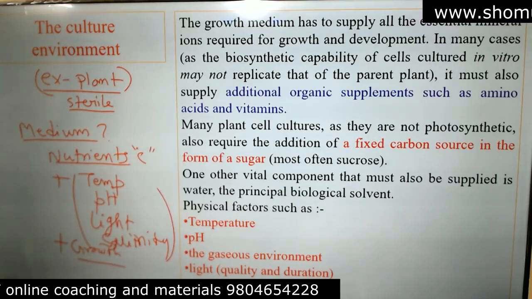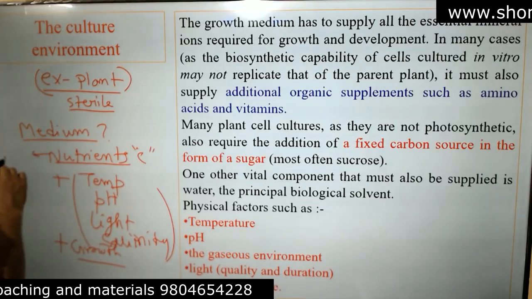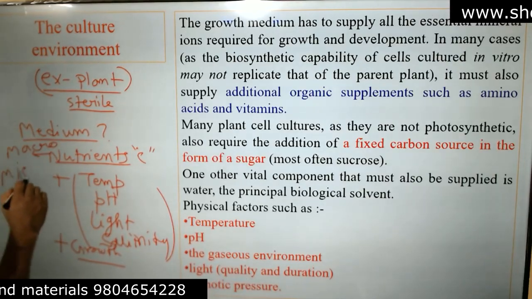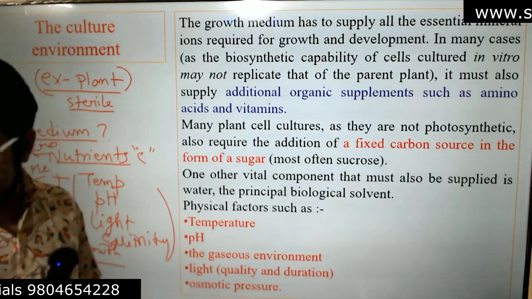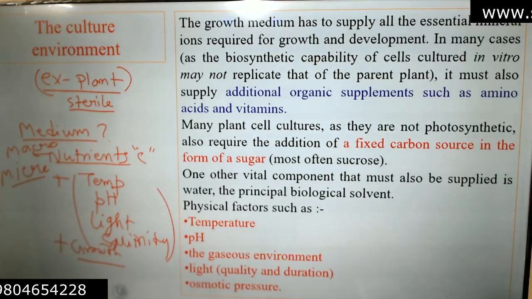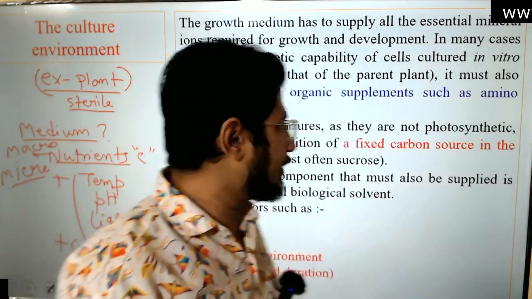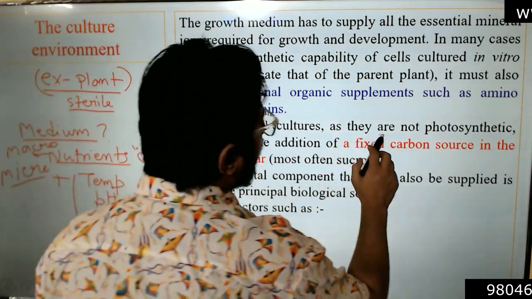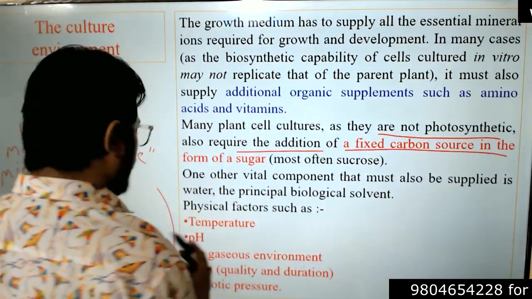Growth regulator is auxin, and among the nutrients we have macronutrients and micronutrients, right? We'll see the different types of nutrients that are used. One is the carbon energy source, that is sugar. But apart from sugar, there are also other nutrients necessary for a plant's growth. We'll see that in a moment. So many plant cell cultures, as they are not photosynthetic, also require the addition of a fixed carbon source or sugar.